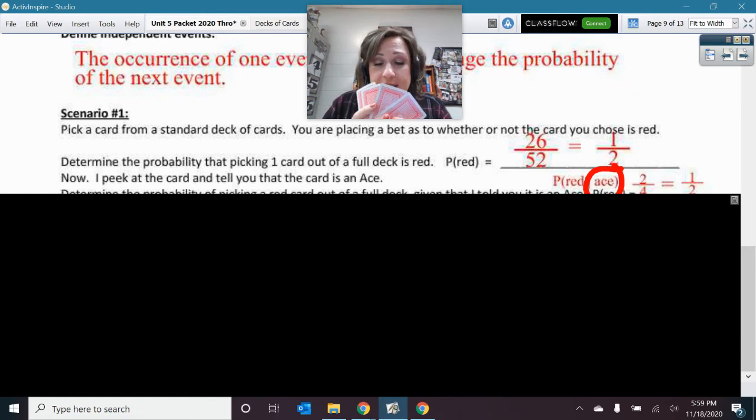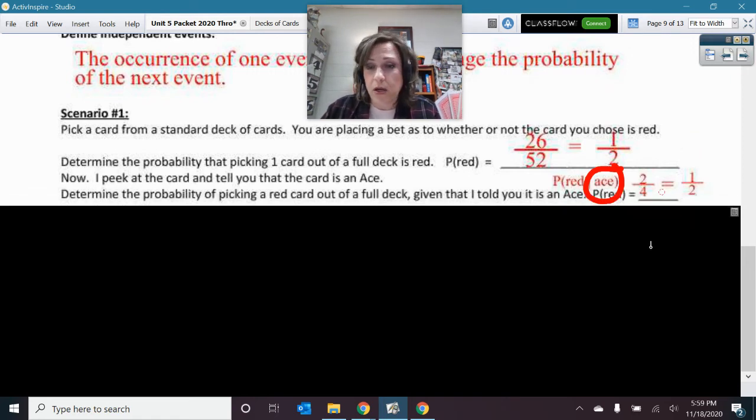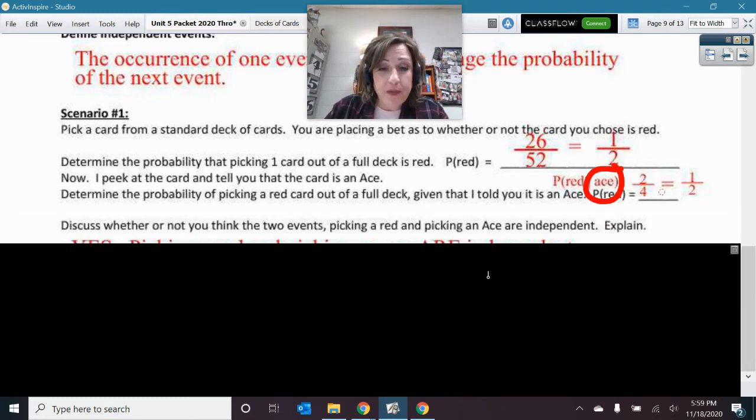But what do you know about these 4 aces? 2 are black, 2 are red. So what's the probability of this card being red, if I told you it's an ace? Still 1/2. So what just happened? The fact that I told you it was an ace did not change the probability as to whether or not it's a red card or not. It's still 50-50.